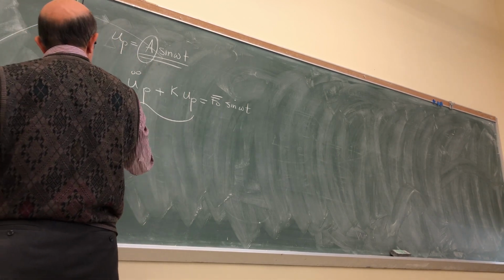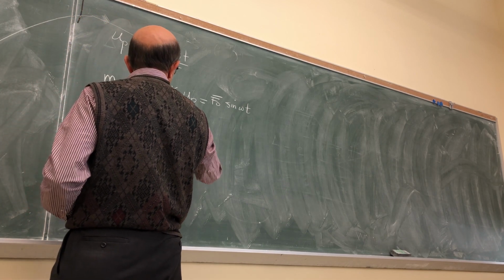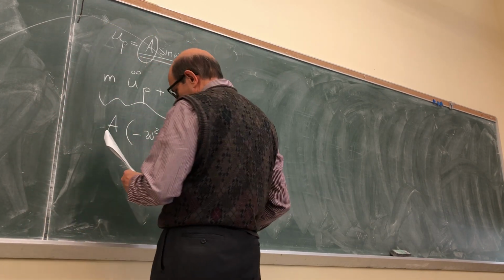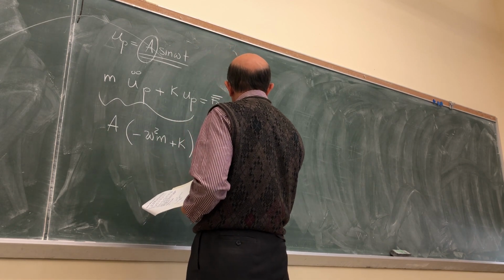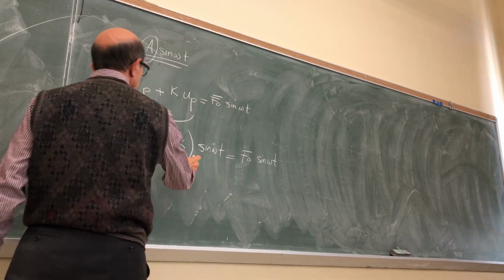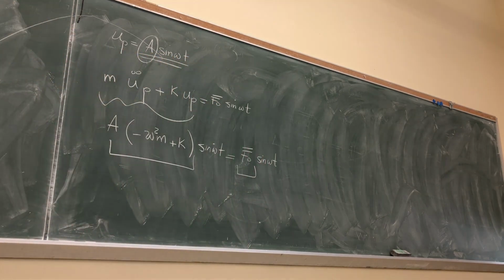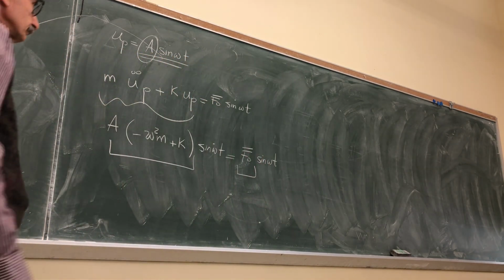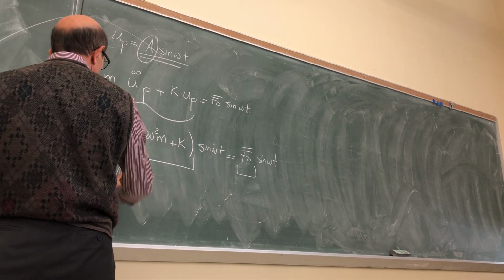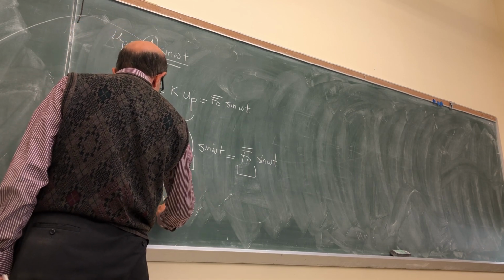You take the factor A out, and you get minus omega squared m plus k times sine omega t is equal to f0 sine omega t. So the amplitude, these two should be equal. That means the amplitude of this oscillation would be f0 over minus omega squared m plus k.